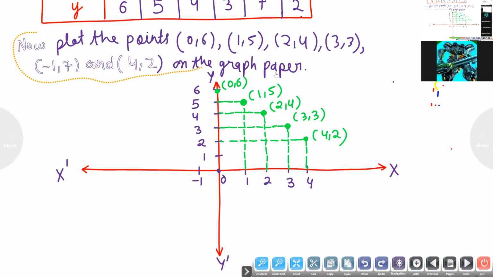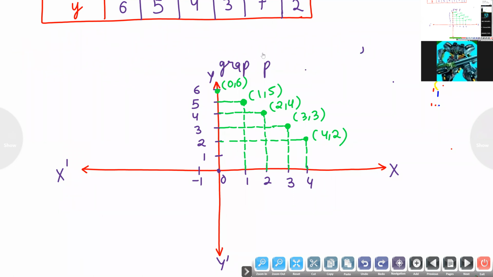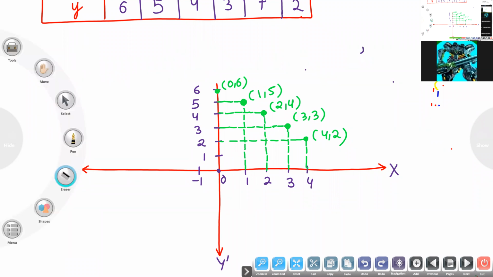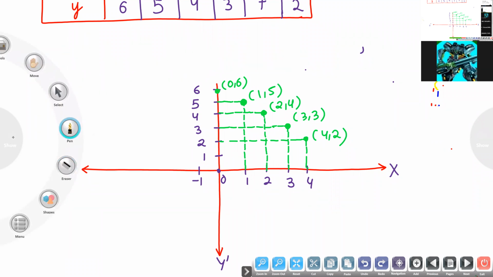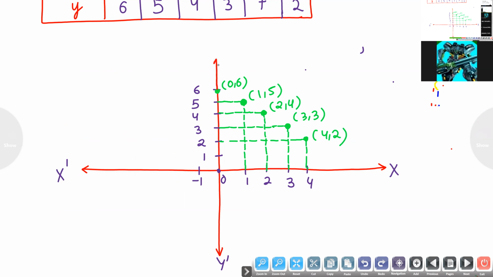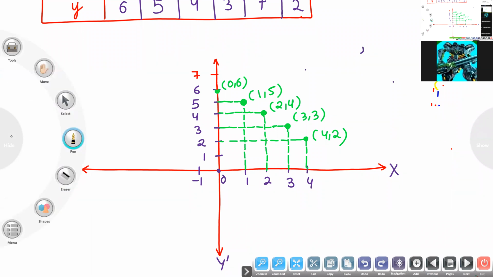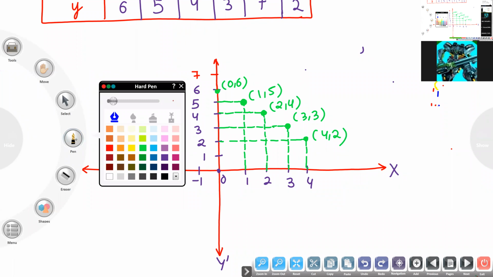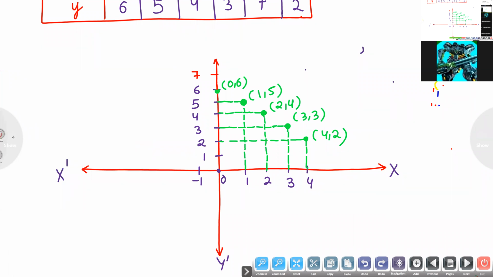I want to plot -1, 7. X is -1, y is 7. Now we want to join.